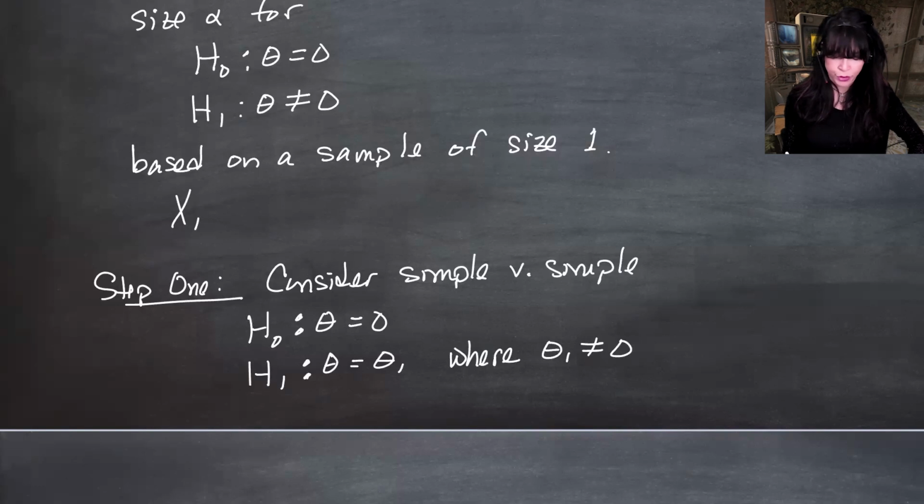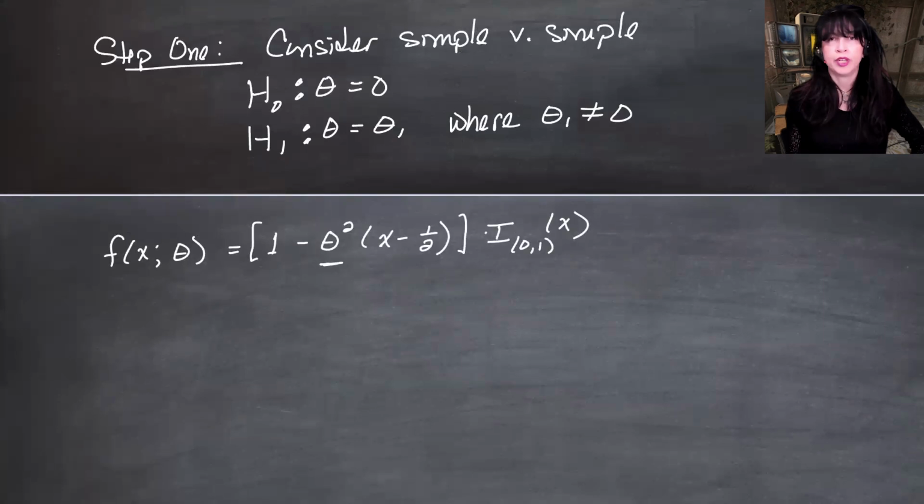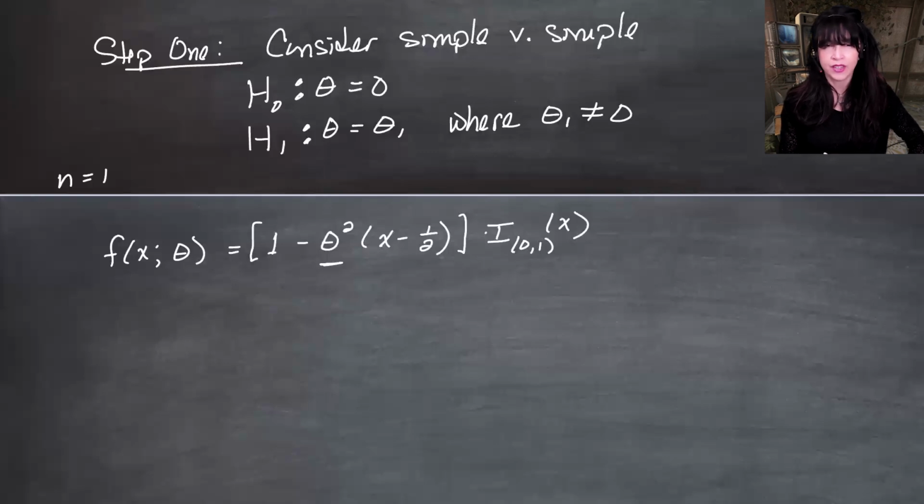Now I have a simple versus simple, and we can apply the Neyman-Pearson lemma. Usually the first thing I do is write down the joint PDF, but because we only have a sample of size 1, I've got basically the joint PDF up here. Remember that n, our sample size, is 1, so we're only working with a capital X1.